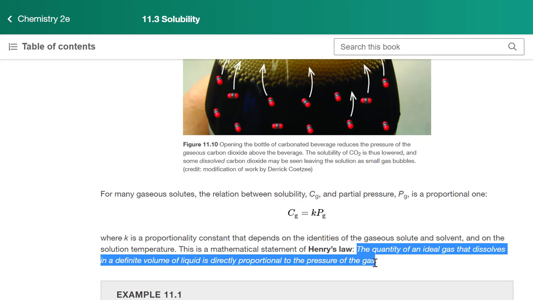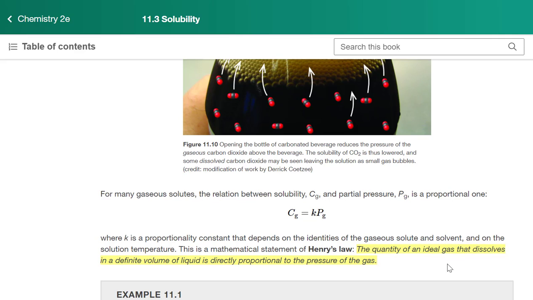And so we're stating that here. So the quantity of an ideal gas that dissolves in a definite volume of liquid is directly proportional to the pressure of the gas. So as the pressure of the gas increases, the solubility of it within the solution will also increase. And that's what this is saying.